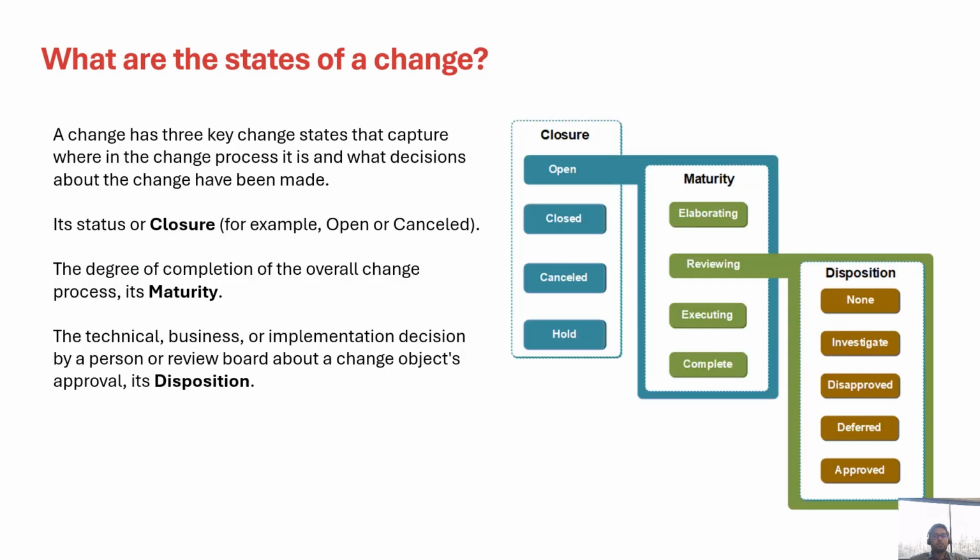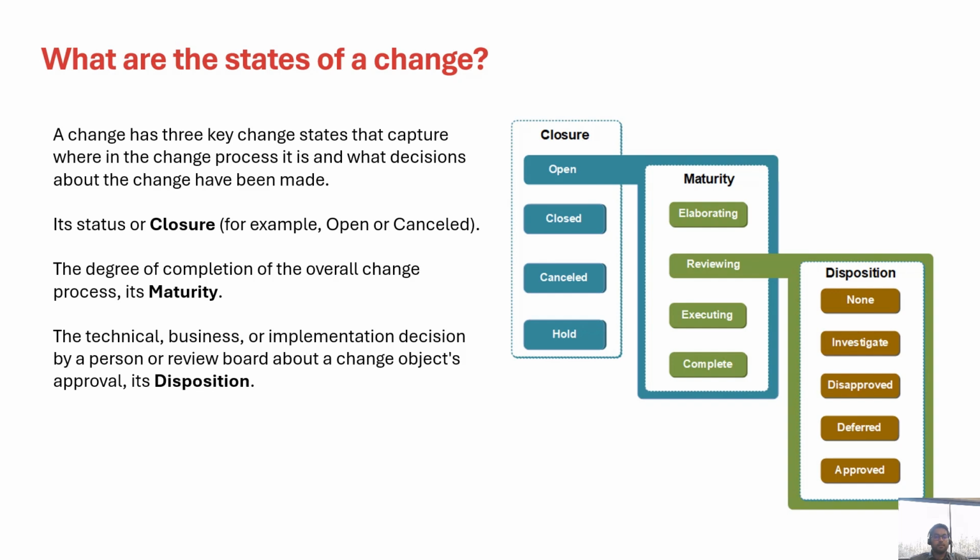So let's move on to the states of a change. A change has three main stages that show where it is in the process and what decisions have been made about it. So first we have the closure, or the status. It could be open, closed, cancel, or hold.